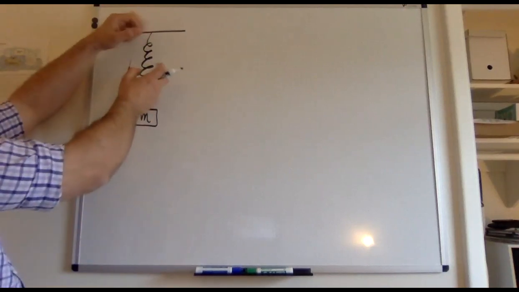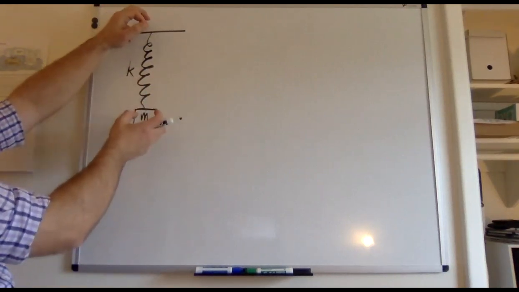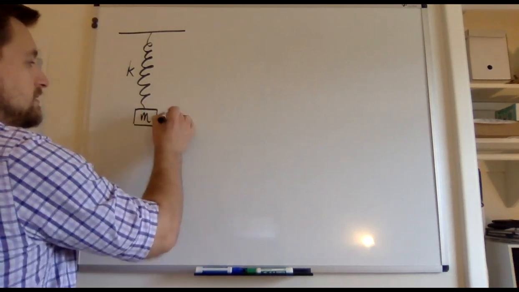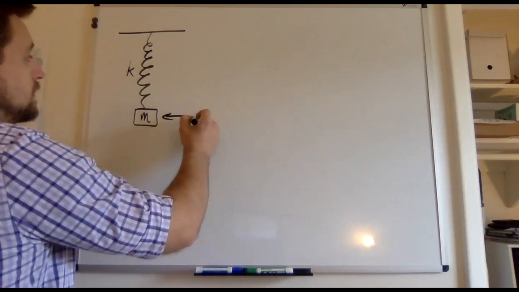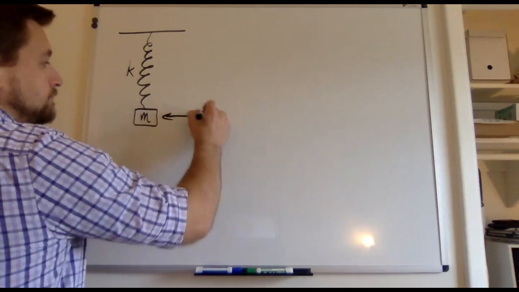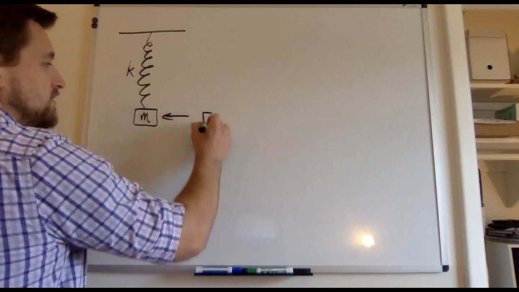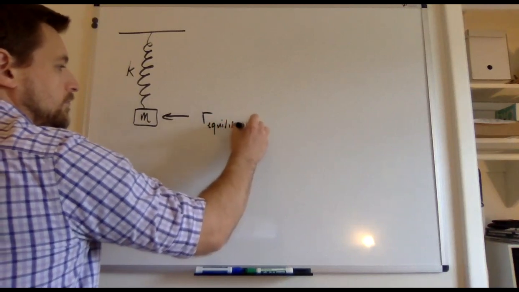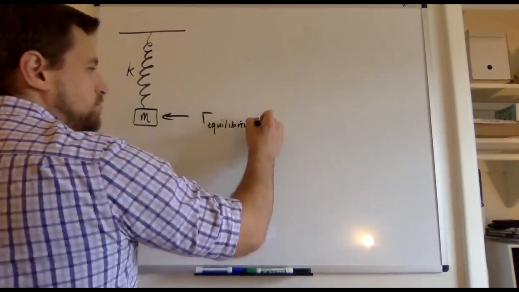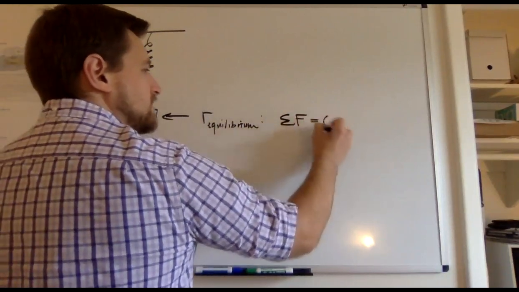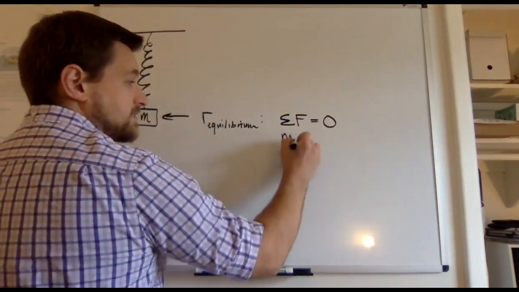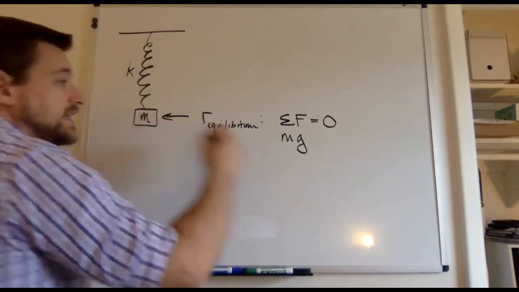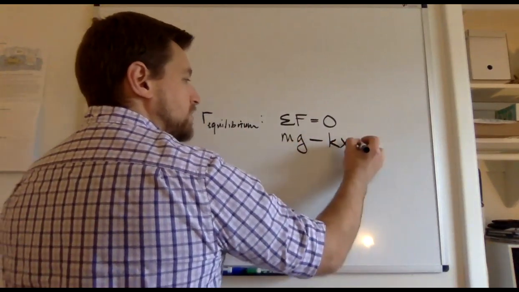If we gently hang the mass and allow it to find the point where it rests, then what we're talking about is equilibrium. Position of equilibrium. That's the position such that the sum of the forces is equal to 0. In other words, the mass times g of that mass that's hanging on, the gravity pulling the spring down, and the elastic force pulling the spring back up.